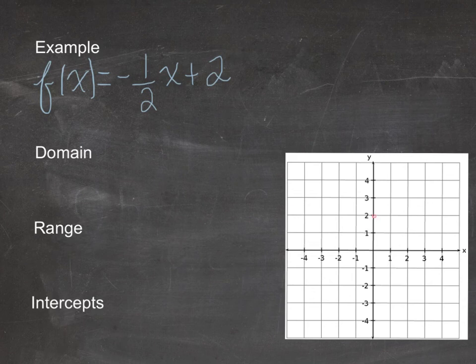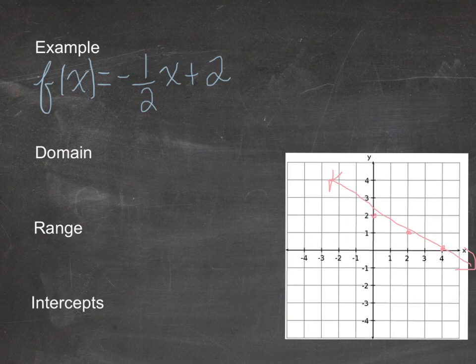So I'm going to go down 1 over 2, and then down 1 over 2. That is really messy, but that is my line. y equals negative a half x plus 2.